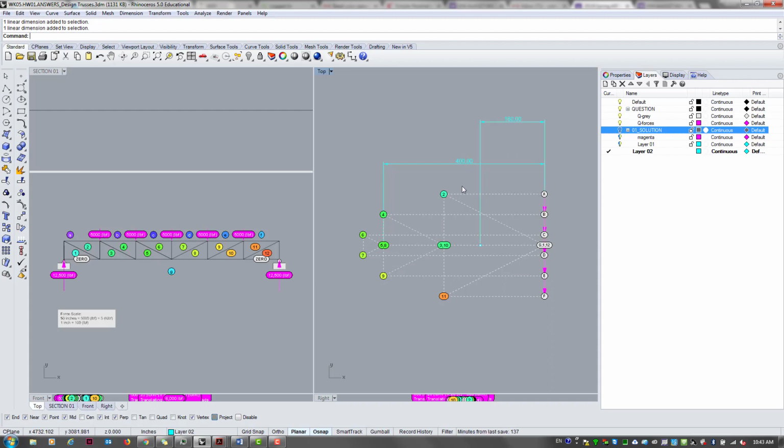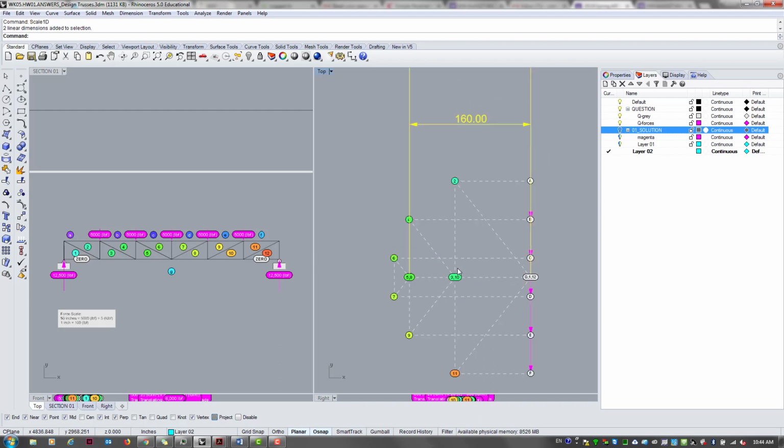So all I'm gonna do is grab this whole thing and type in scale 1D. I'm gonna start from point G, and I know it's the point 5 that wants to move here, so as a first reference point, I'm gonna click on the point 5, and then go horizontally and click on that intersection point that we made as a second reference point, so that we can make sure that the distance between 5 and G is 160.